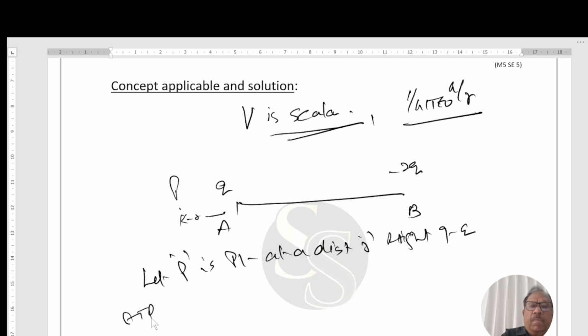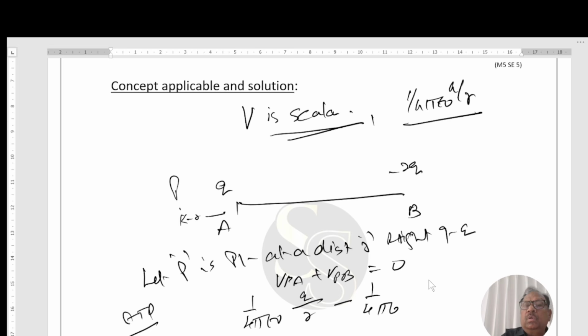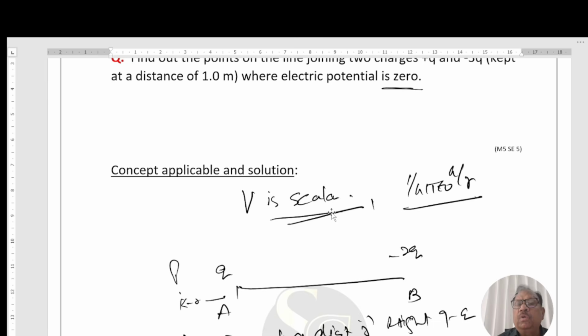According to question, VPA plus VPB equal to 0. That is 1 over 4 pi epsilon naught q upon r minus 1 over 4 pi epsilon naught, this is 2q or 3q? 3q.